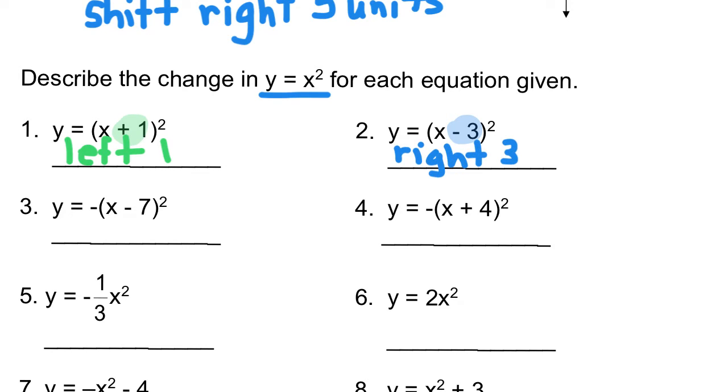Look at number 3. There are 2 changes that happen. 2 transformations are happening. First, this transformation means that it's going to open down. And the second transformation is -7 inside the parentheses, so that means it's going to go right 7.